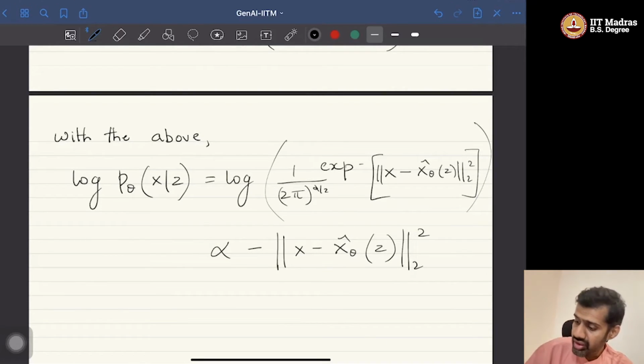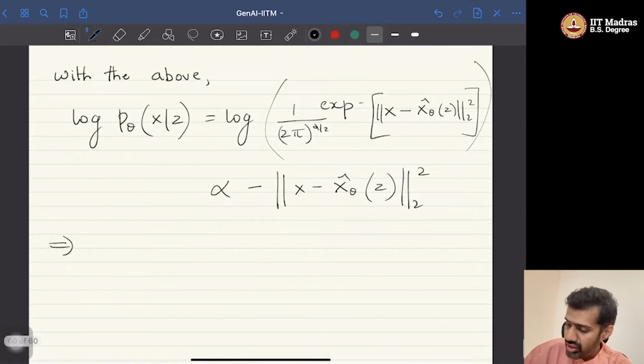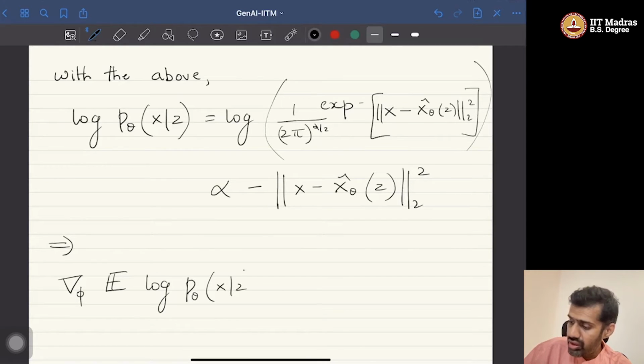So what do we want? We wanted the gradient of the expectation of log p theta of x given z, with respect to q phi of z given x.